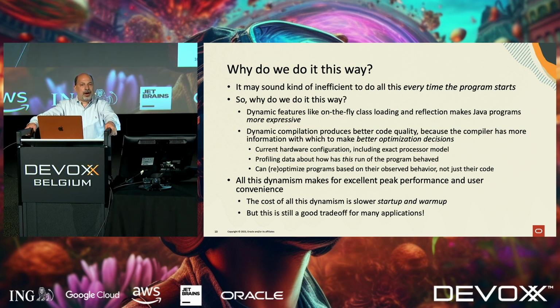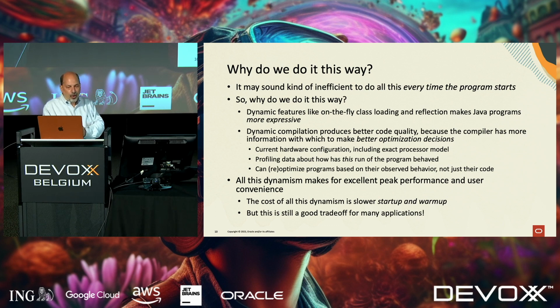You have information about the hardware you're actually running on, not just the abstract Intel instruction set. You have information that was gathered during profiling of what the program has actually done. Has this branch actually been taken? Has a null ever shown up at this dispatch site, etc.? And so we can use that information to produce better code. And then if it turns out that we gather more data and our opinions change about what would constitute a good optimization, we can de-optimize and re-optimize. And we can do that based on observed program behavior.